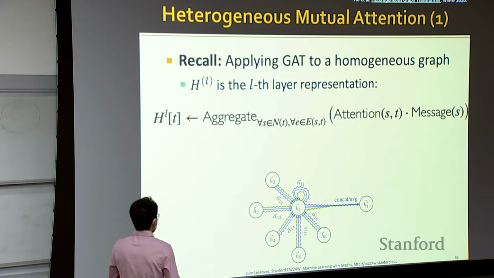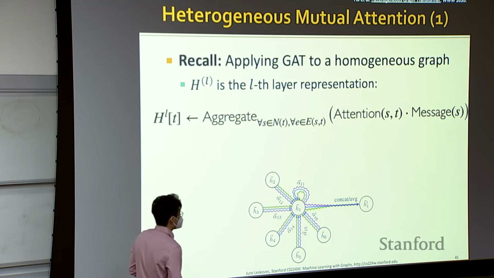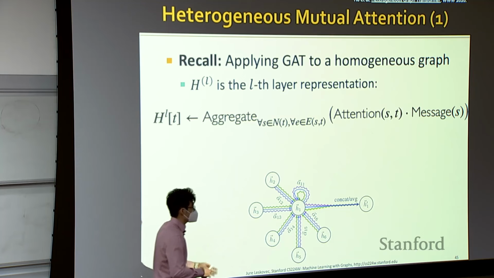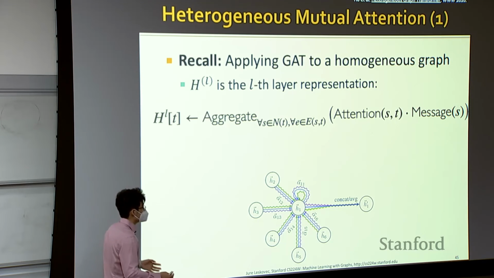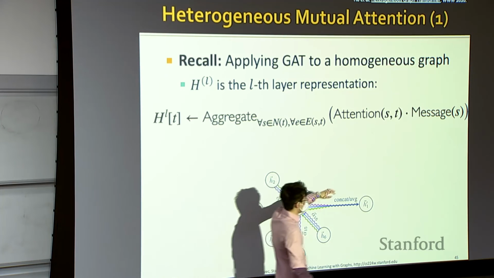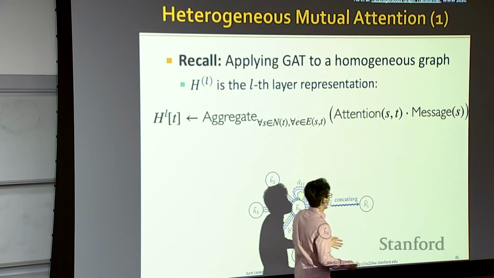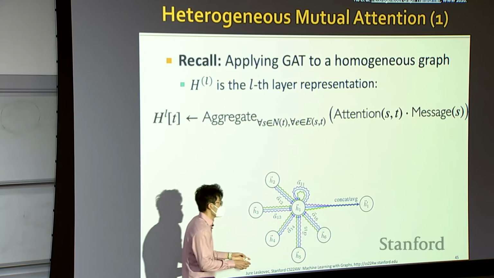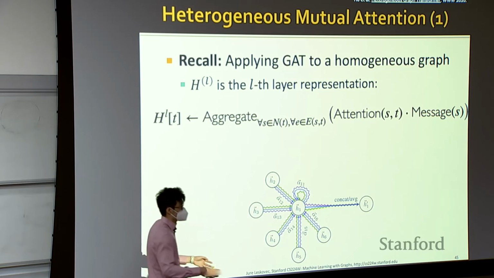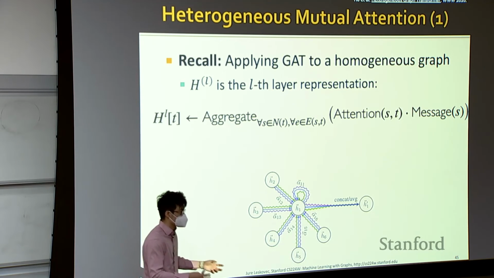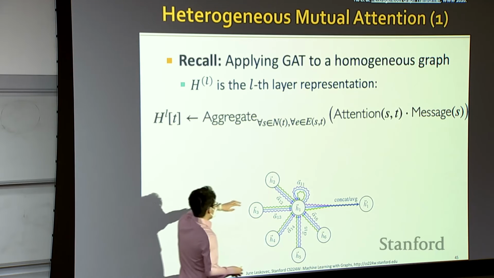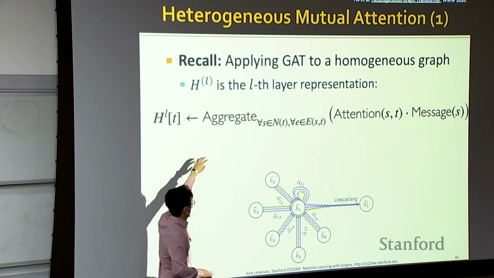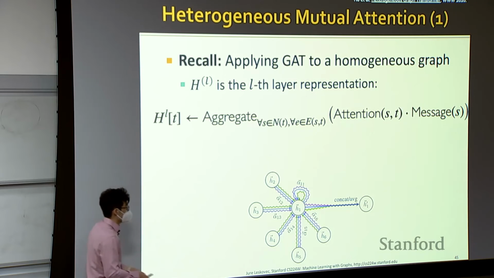Now let's discuss how we can extend GAT to heterogeneous graphs. We'll rephrase what we have for the GAT network. We have the message function computed from each of the neighbors. We have an attention score that tells us which message is more important, and this attention score is also computed by a neural network. After scaling the messages, we perform an aggregation to get the final embedding.